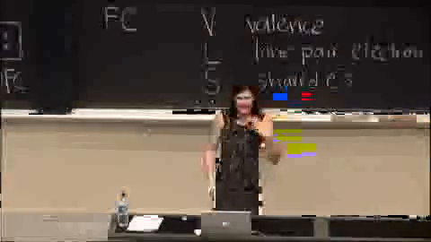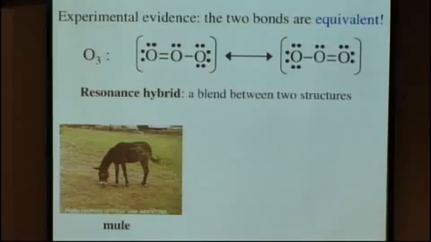So when you think about resonance structures, some students tend to just get confused and be picturing this flickering back and forth. A good example to keep in mind is the idea of a mule. So most of you know, hopefully, that a mule is a combination of a donkey and a horse. A mule is not spending half of its time as a donkey and half of its time as a horse.